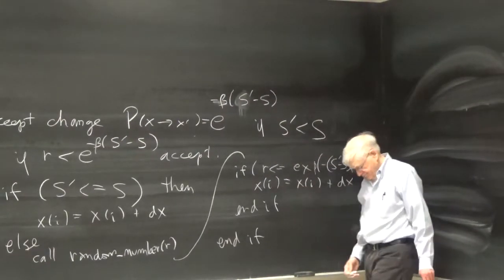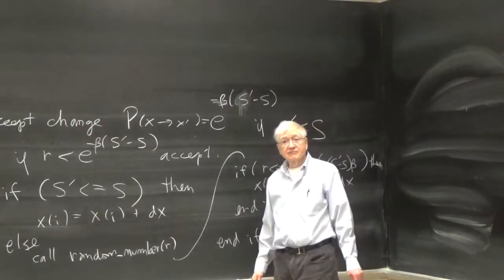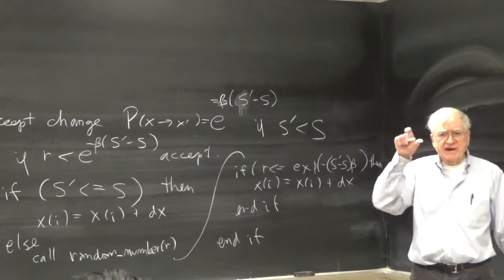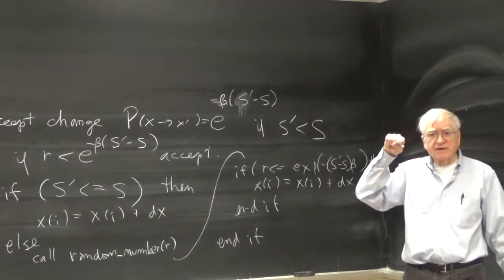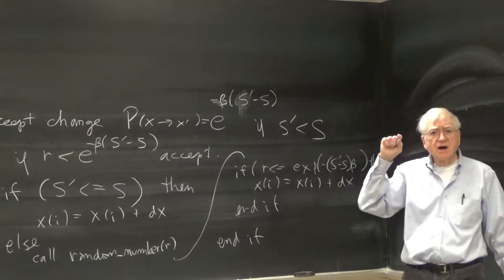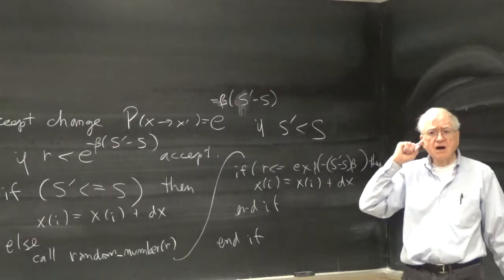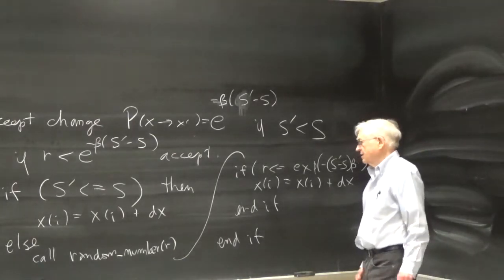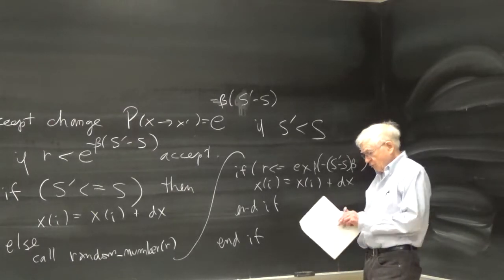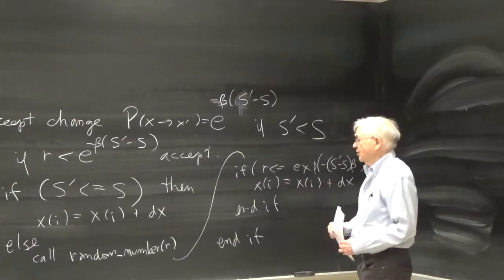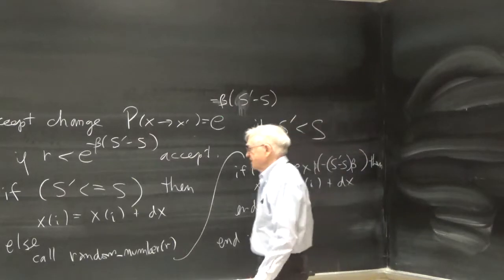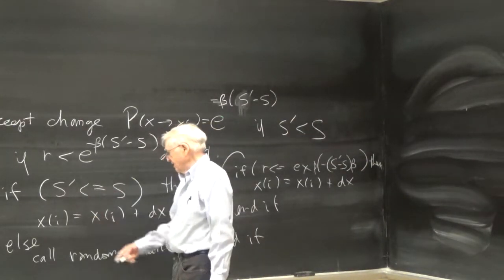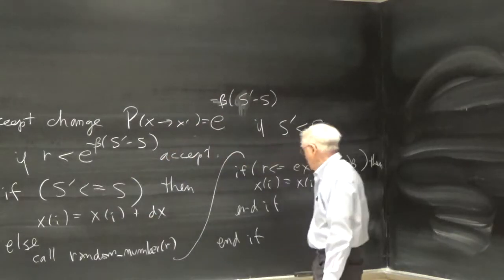And wait, what if your random number is larger than the exponential? The random number generator gives you random numbers between 0 and 1. Yeah, so what if it's larger than exp of minus beta? Then reject. Reject, and you just make no change. Right. So in other words, what's happened here, you see, is if the action's lowered, you change the value of x.